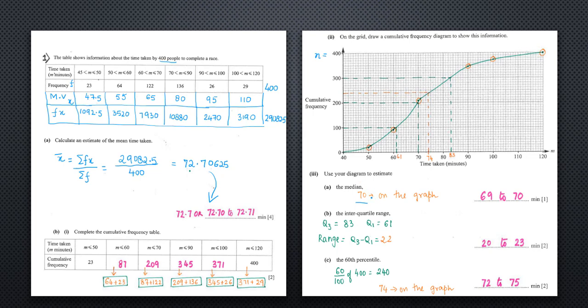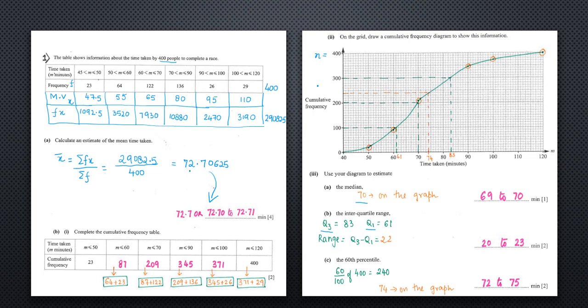Hence, the median for this distribution is 70, which falls within the range of the answer which is given in the marking scheme. Next part, we need to find out the interquartile range. We know in order to find out the interquartile range, we need to find out the lower quartile, that's Q1, and also the upper quartile, which is Q3.